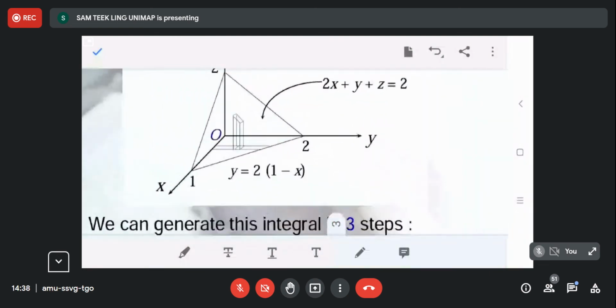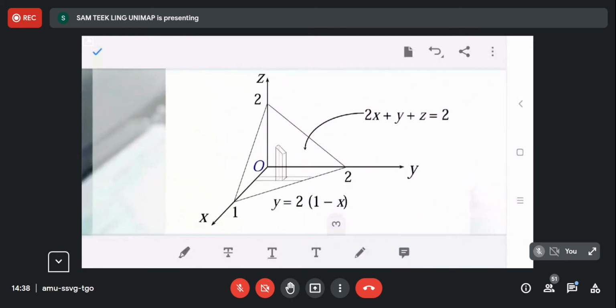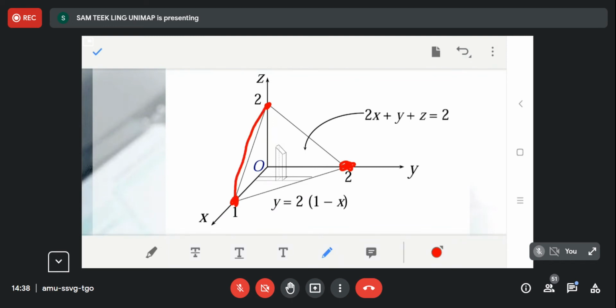So when you sketch, you point out z 2, x 1, y 2. So you write out 1, 2, 2. Then after this, you connect.